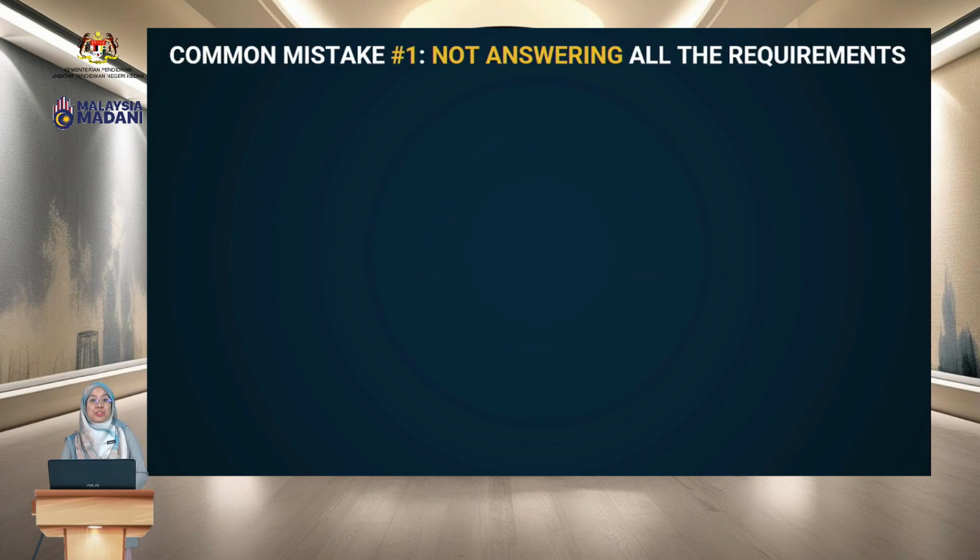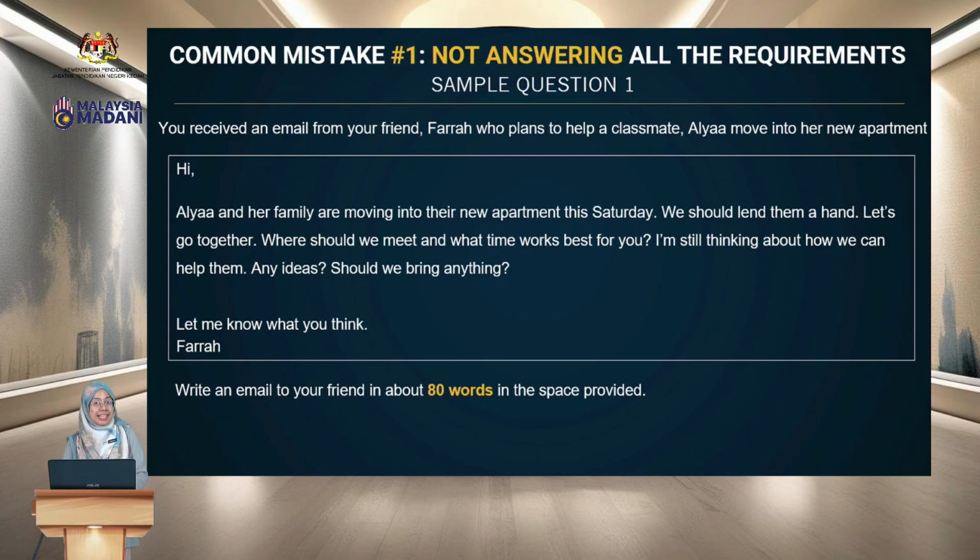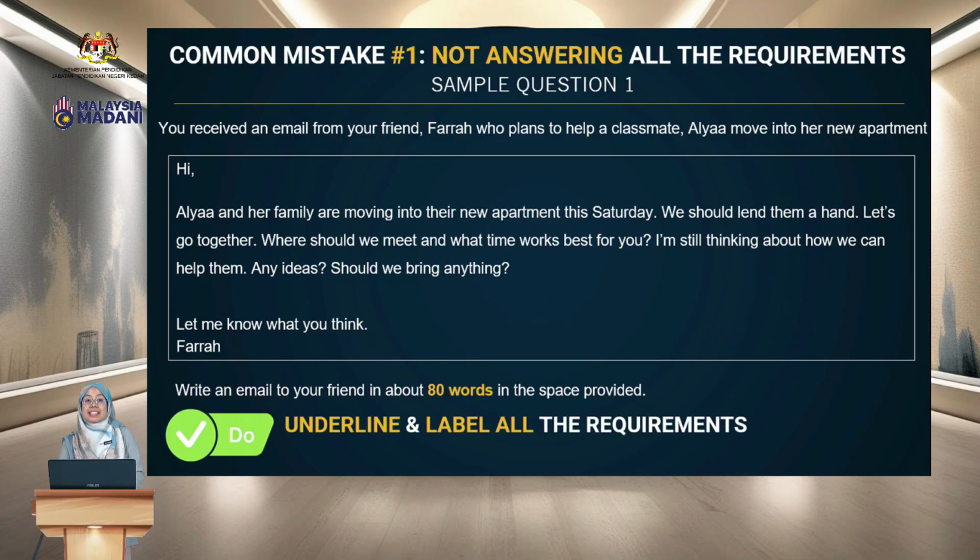So here comes common mistake number 1: not answering all requirements. This is sample question 1, the same question that we have read just now. This is the first tip: please underline and label all the requirements. So what is requirement number 1?